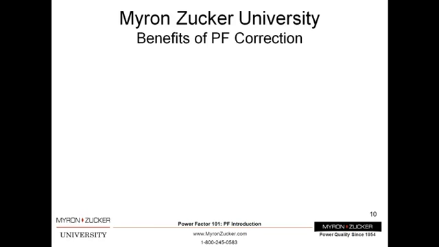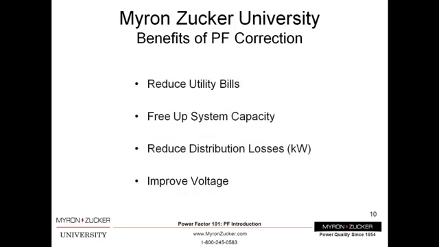Why correct for power factor? It has been shown that a reduction in line current is a result of power factor correction, but what benefits does this provide? There are 4 primary reasons to correct power factor. These are 1. To reduce utility bills, which was touched upon earlier. 2. Free up system capacity. 3. Reduce distribution losses.